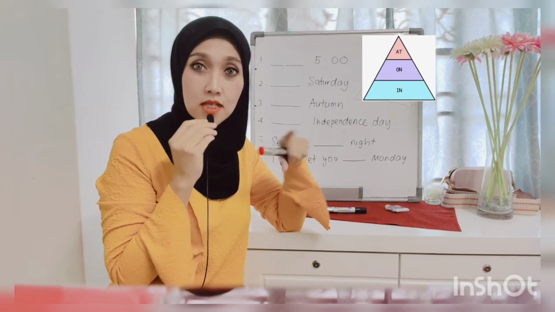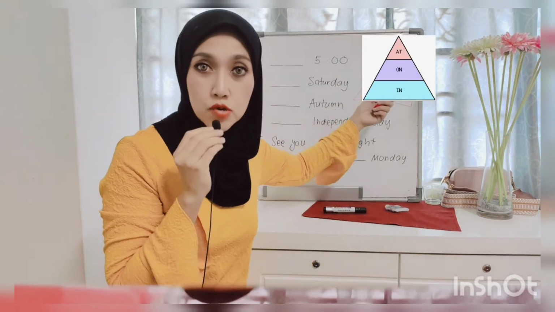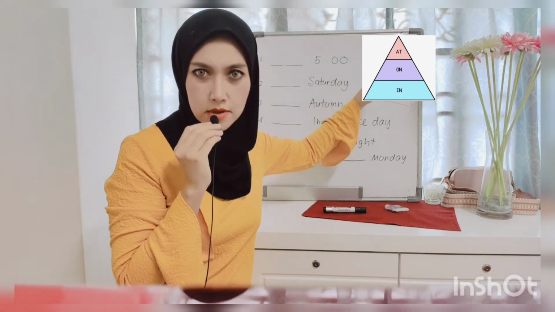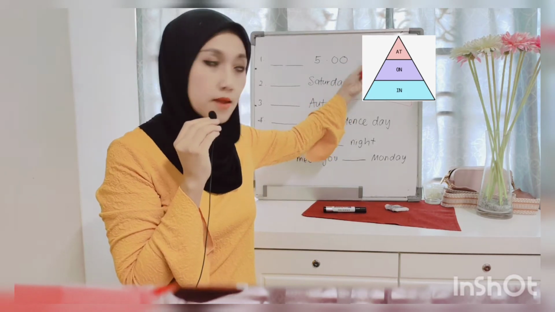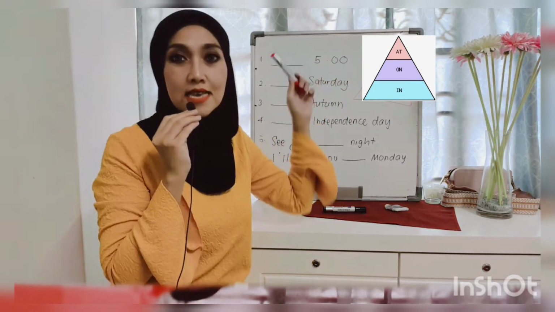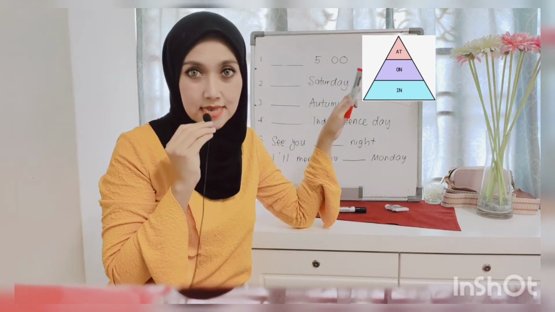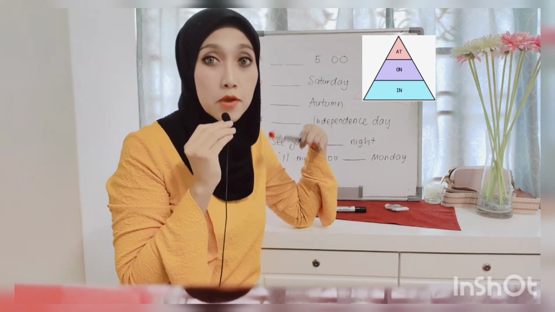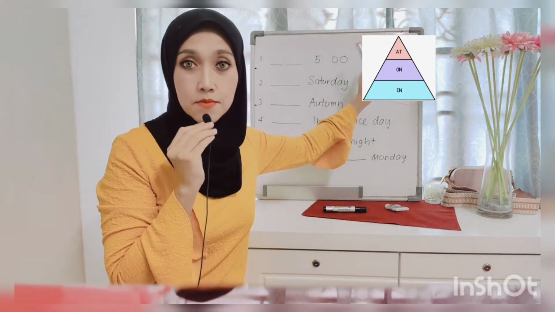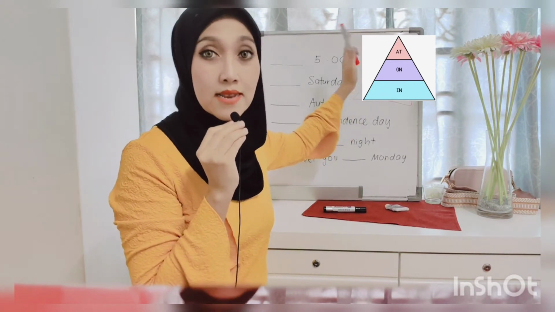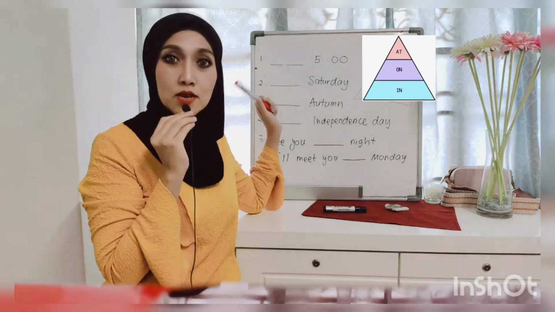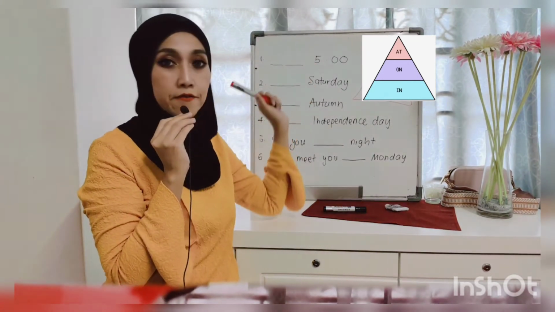First of all, let's revise the triangle method again. On top is at, the narrowest, the specific one. Then on is a little bit wider than that. And in is the widest, covering a long period of time. I need you to understand this because it's always better to understand than to memorize things. So, question number 1: 5.